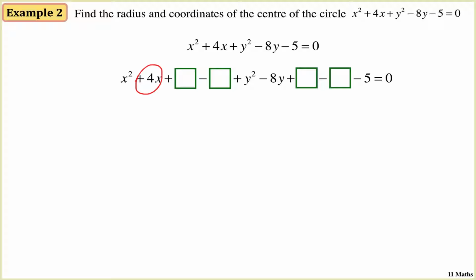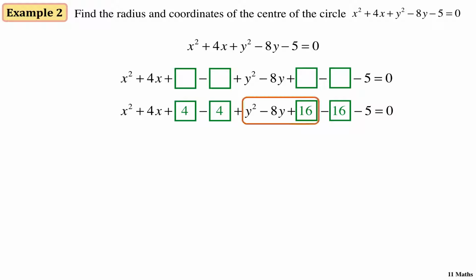In the second set of boxes, we take half the number in front of y. Half of minus 8 is minus 4. Minus 4 squared is 16. So we should end up with x squared plus 4x plus 4 and minus 4 in the box, and in the second boxes I get a plus 16 and minus 16.